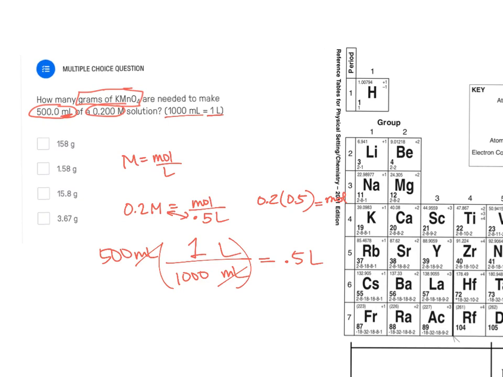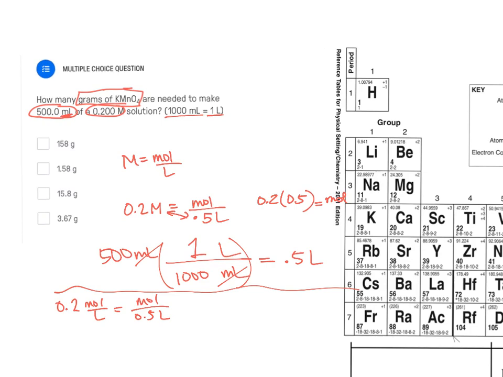In other words, let me rewrite this here on the bottom. 0.2 molarity could also be written as moles per liter, is equal to moles over 0.5 liters.